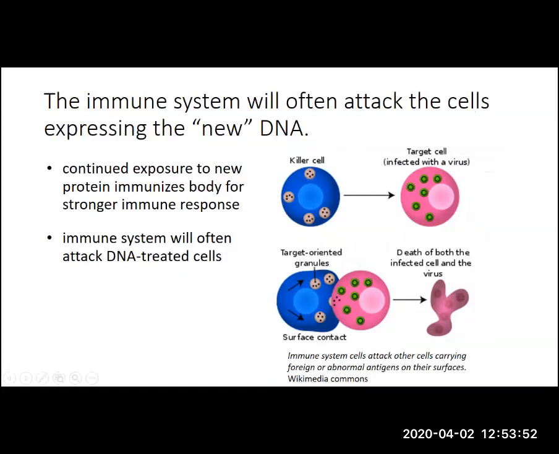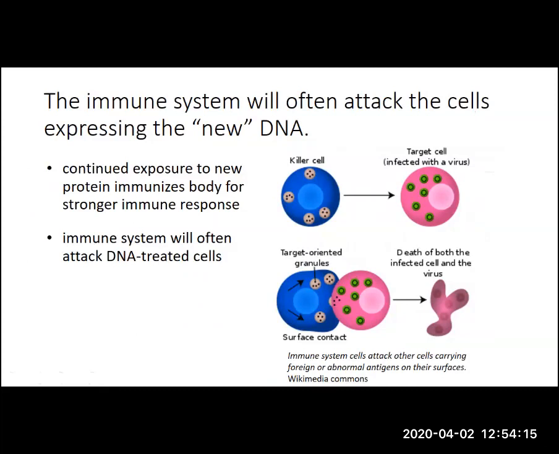There's also pretty good evidence that the immune system is involved when we're looking at gene therapy. If we think about what's going on within gene therapy, we're putting in a correct form of a gene, and that gene in many cases is going to code for a protein that's going to be produced by the cell.